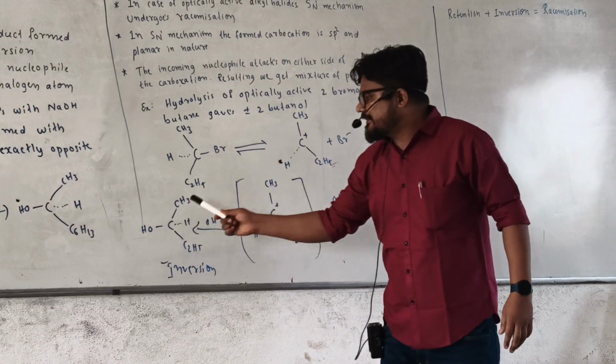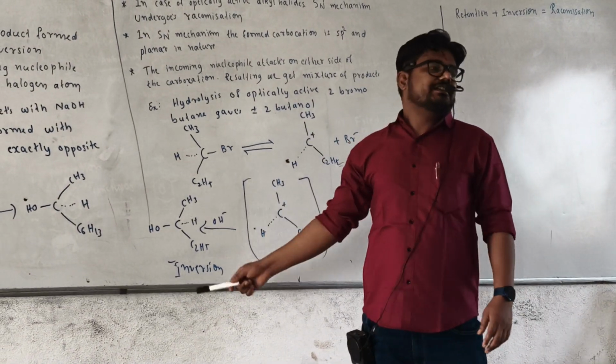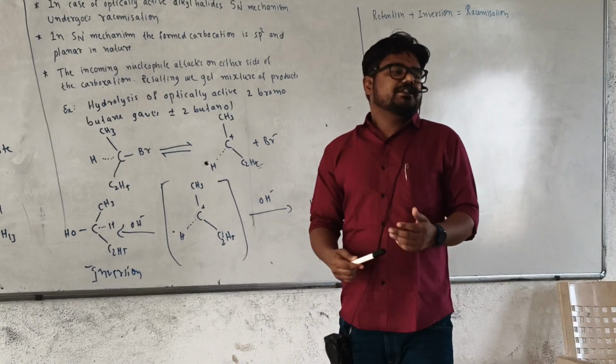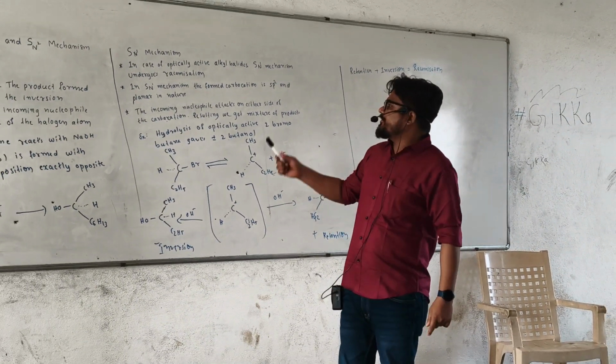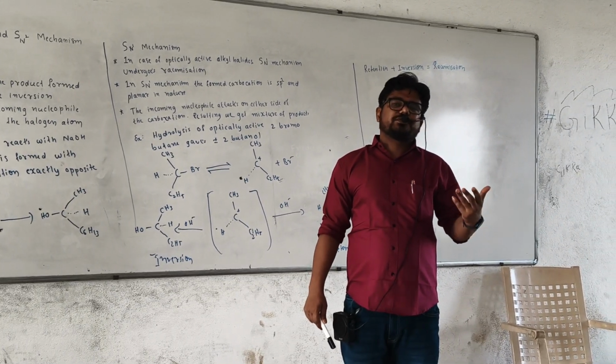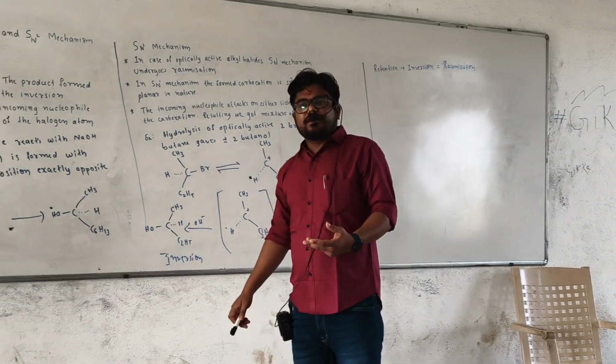This is retention. Retention plus inversion gives racemization.